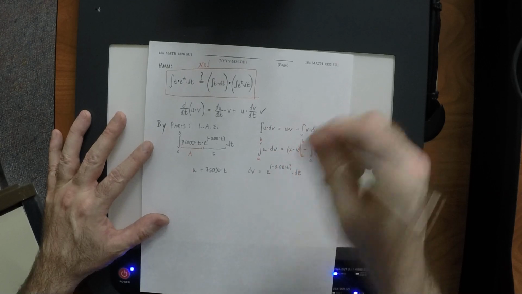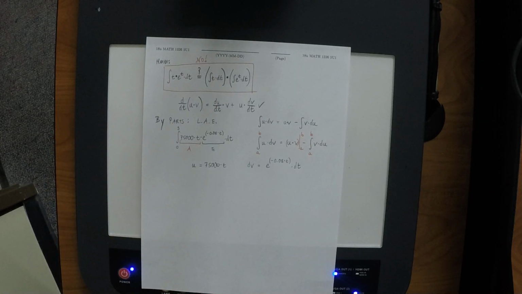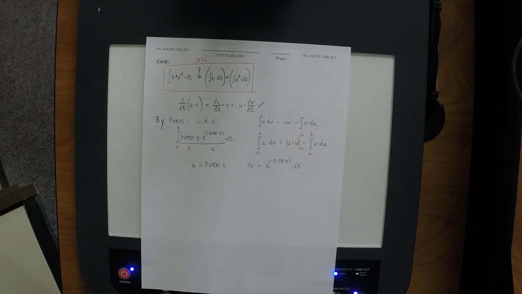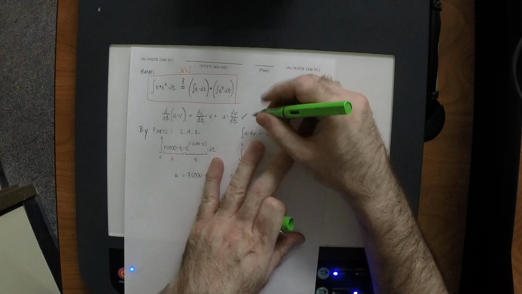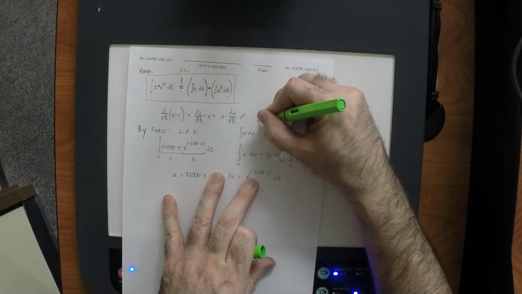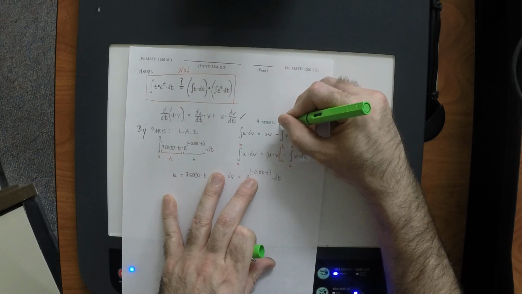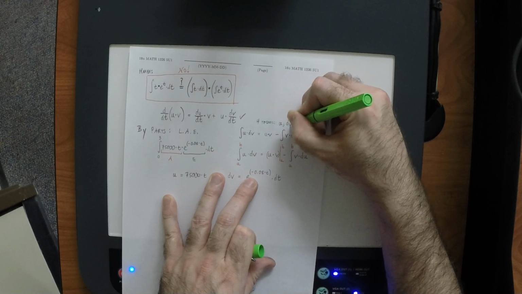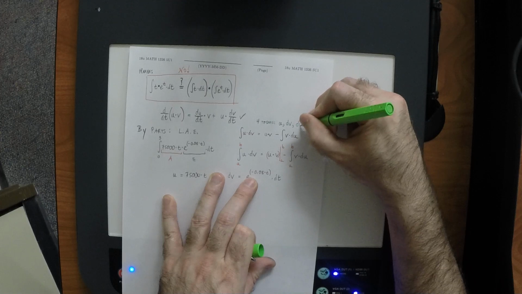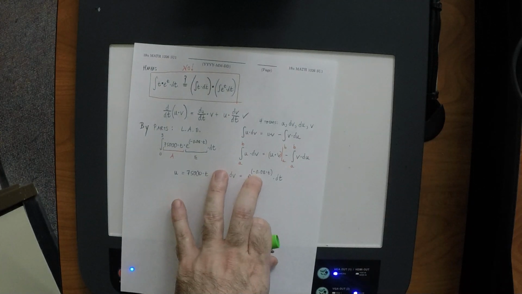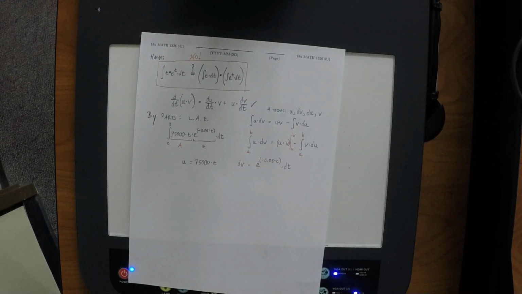So here's the thing. When you use by parts, either antiderivative by parts or integration by parts, what I want you to observe is that there are exactly 4 terms. There is u, dv, du, and v. And when grading your stuff, I want them all to be very clear, like 1, 2, 3, 4, there they all are.